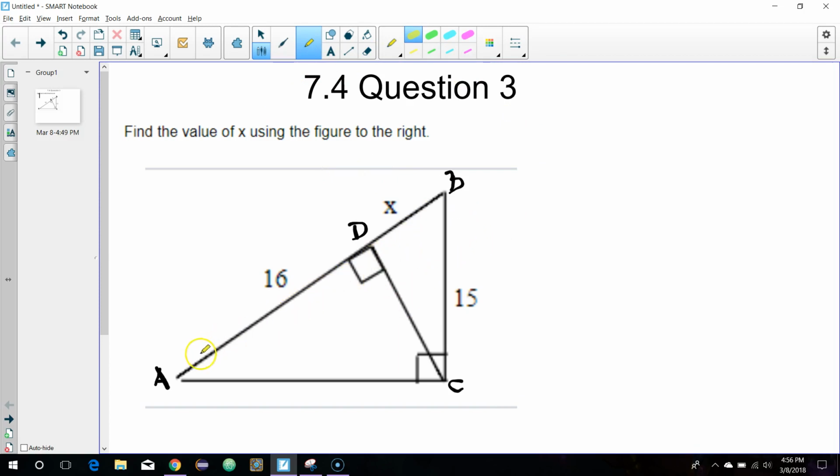Obviously, this whole AB line over here is going to be a hypotenuse of some sort. So I'm just seeking out what information I can have, and we are trying to figure out which pair of triangles I can use.